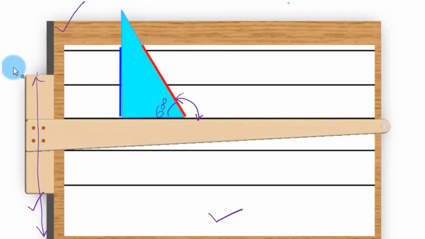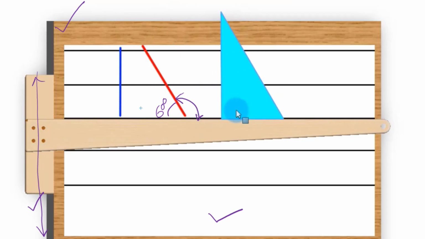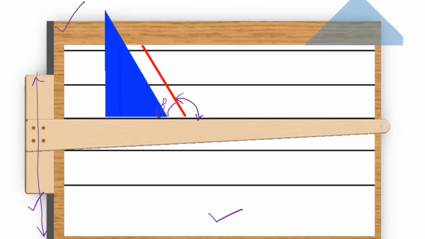Similarly, we can draw lines parallel to these lines also by sliding the set square to any required position. We can use the vertical side or the inclined side to draw lines parallel to the previous lines.